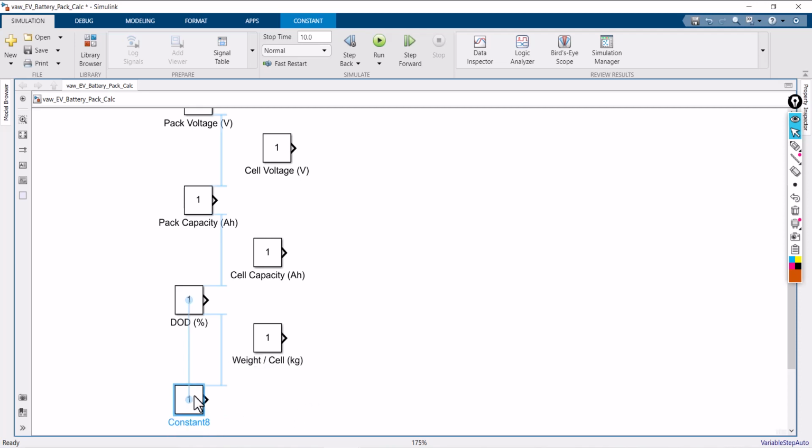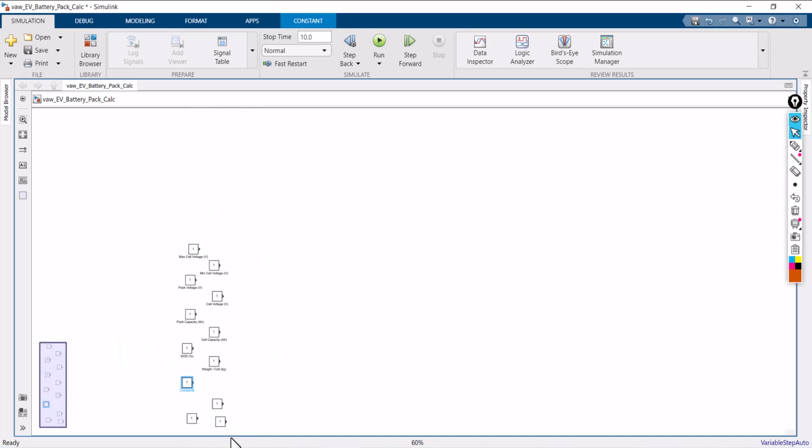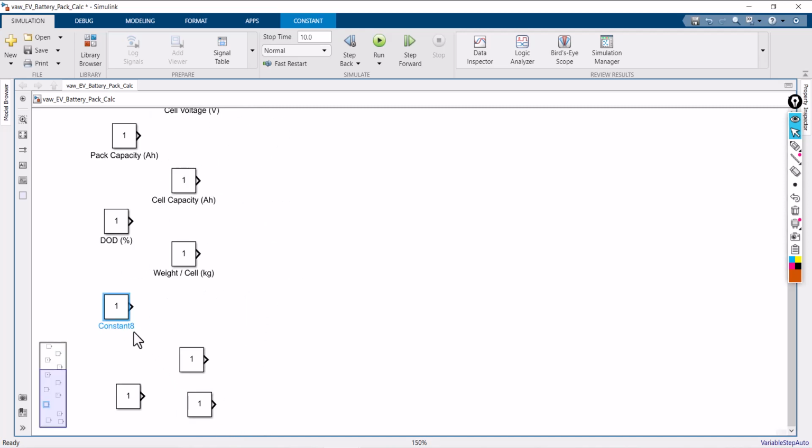Let me take these, which are the cell dimensions: cell length in millimeter, cell breadth in millimeter, and cell thickness in millimeter.